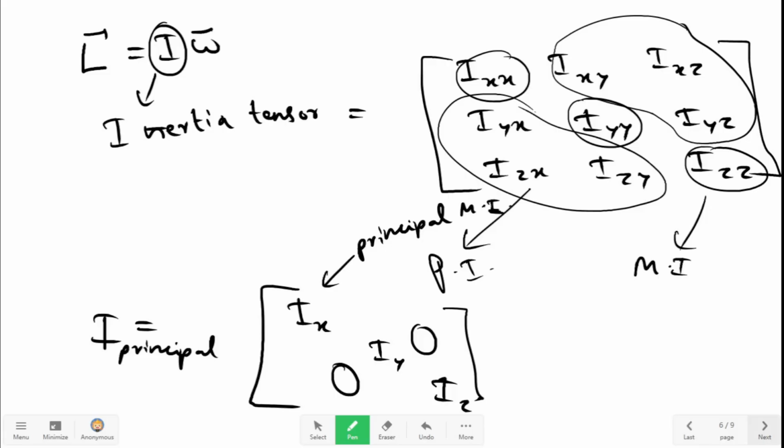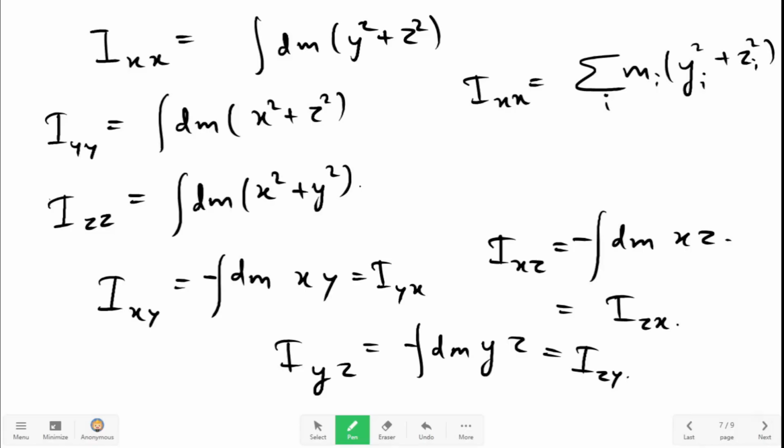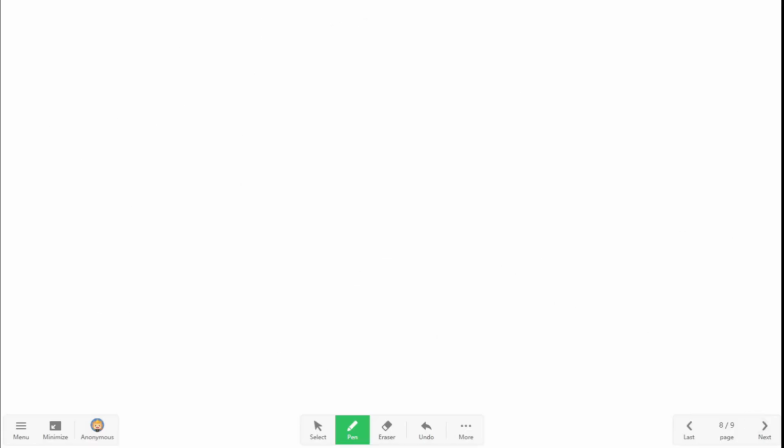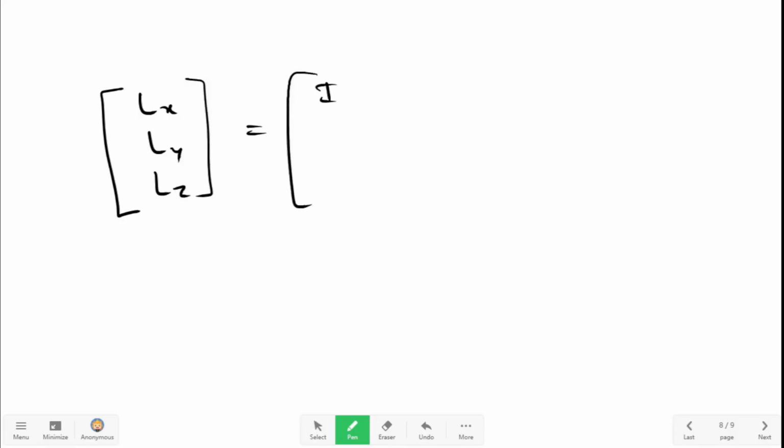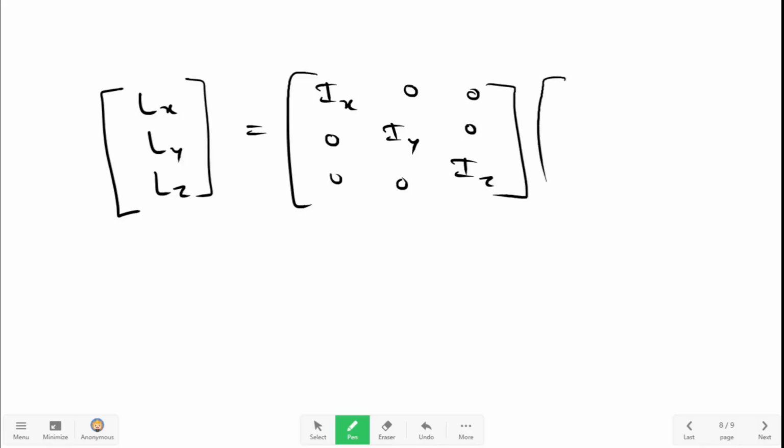So when we are in the principal axis coordinate system, then we have Lx, Ly, Lz equal to the diagonal matrix Ix, Iy, Iz with all other entries 0, times omega x, omega y, omega z.